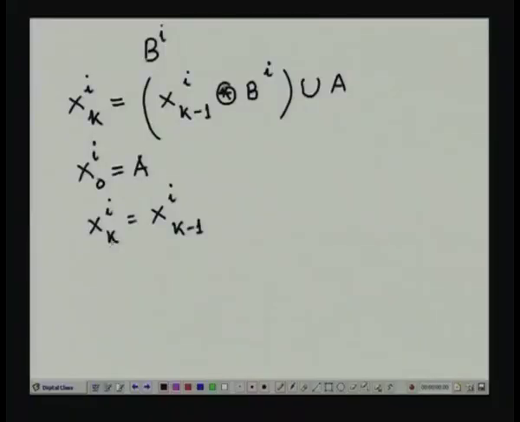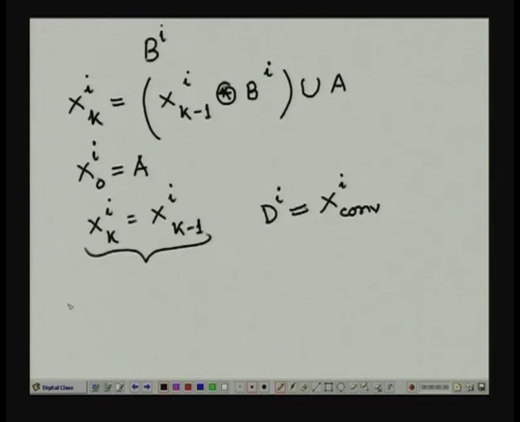In that case, our algorithm converges, and what I get as output is nothing but x I superscript, because this is what we obtain with the ith structuring element B I. So, I represent the set as x I conv. That means, the output that I get when our algorithm converges, and I represent this as set say D I.